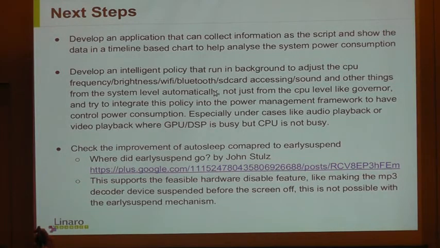This is something like the governor policy for the CPU level, but this is from the entire Android system level. And we'll check if we can integrate this policy or method into the power management framework.